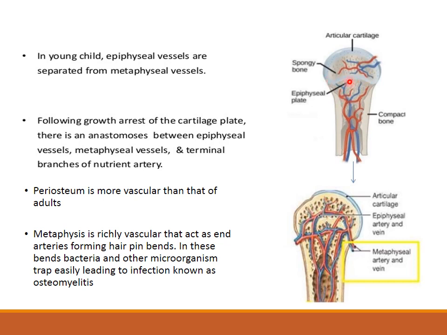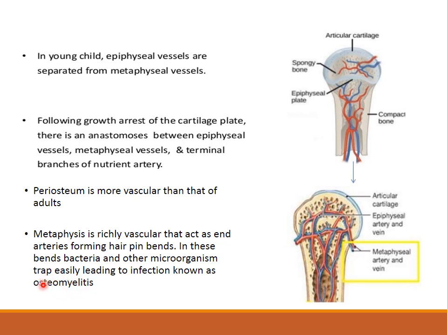So when they bend, then at their bent area, the bacteria and other microorganisms can easily trap there, and this is leading to the infection known as osteomyelitis. Osteo is for bone and myelitis is for the bone marrow. So the infection of all the components, bone and bone marrow, is known as osteomyelitis.